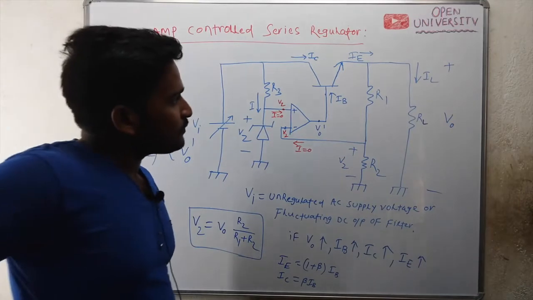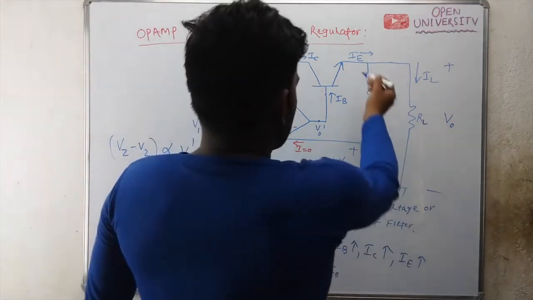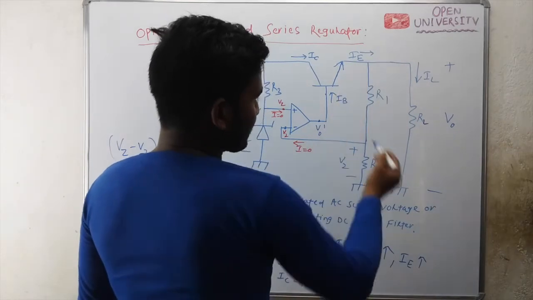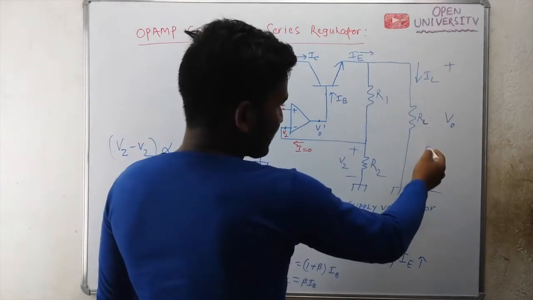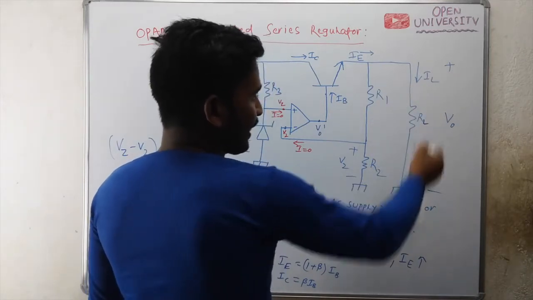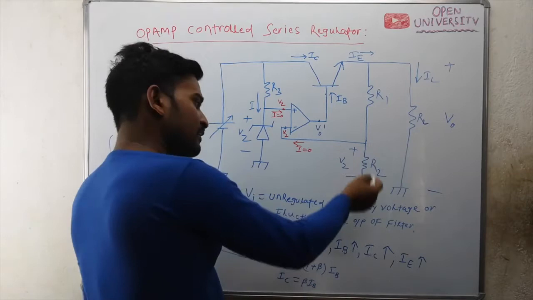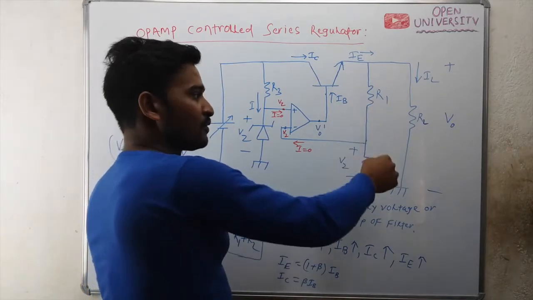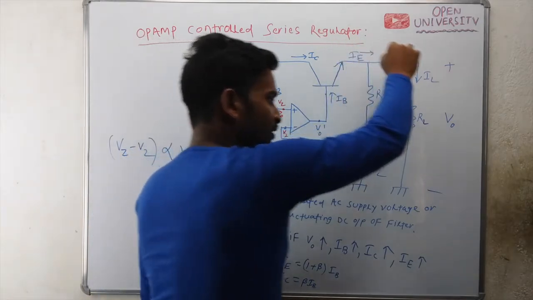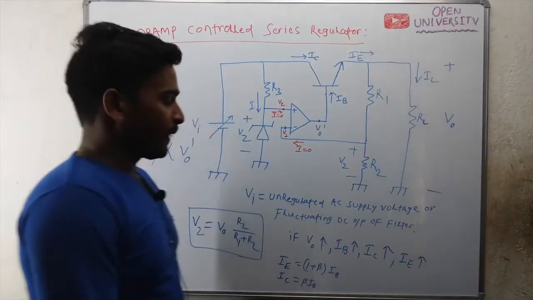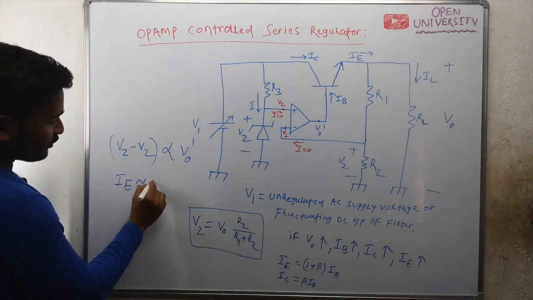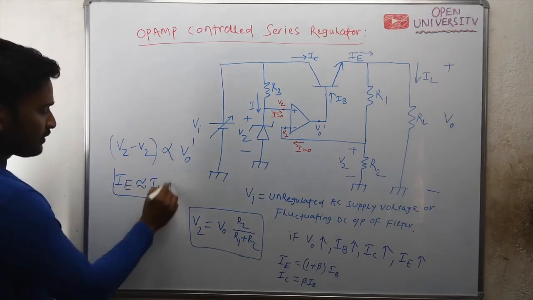Now, whatever IE is flowing at the emitter terminal, the same IE will flow through RL, because R1 and R2 are very large resistances compared to RL. So IE will flow almost entirely through RL, so we can say IE is approximately equal to IL.